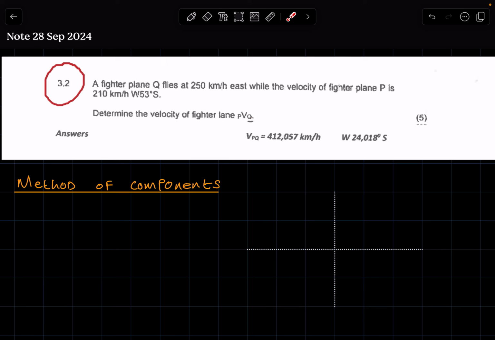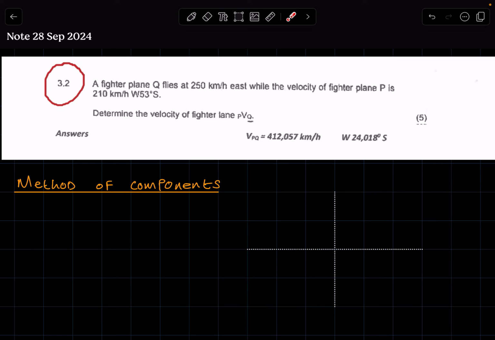Now, with relative velocity, this is the most important thing to identify. Of the two objects, which one are we going to take as the object and which one do we take as the frame of reference? Because like I said, with relative velocity, essentially what we are doing is comparing the velocity of one object relative to another.